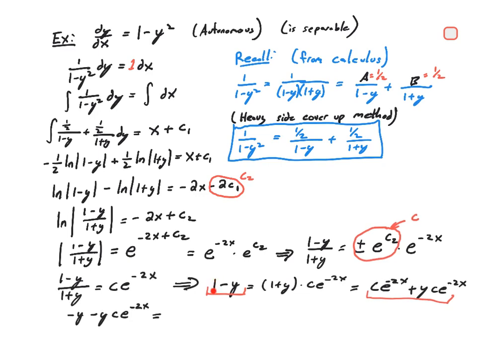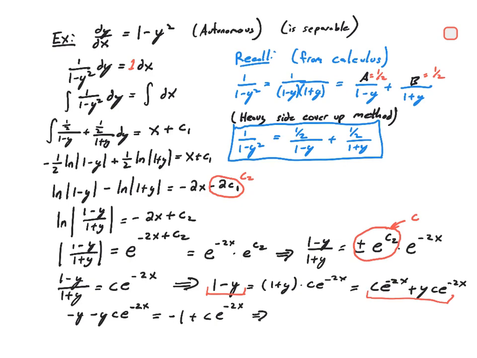So this 1 I'm bringing over, and I have this ce to the negative 2x on the right-hand side left over. So that's just going to be equal to negative 1 plus ce to the negative 2x.